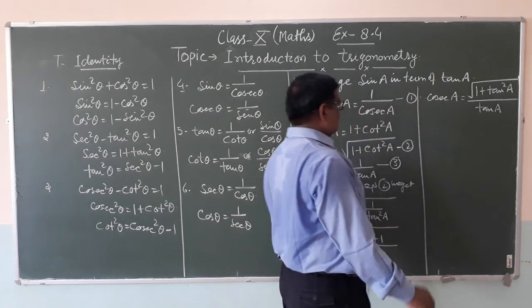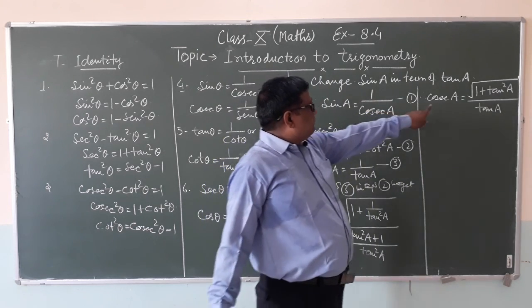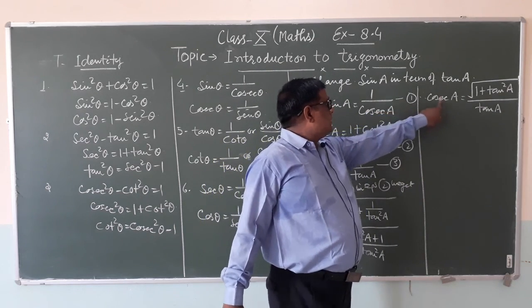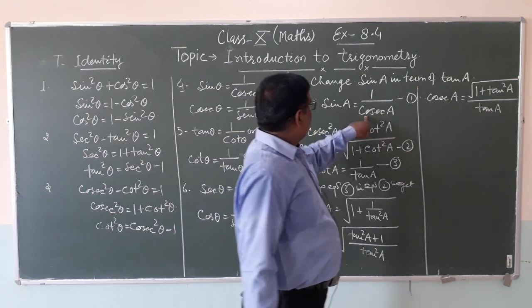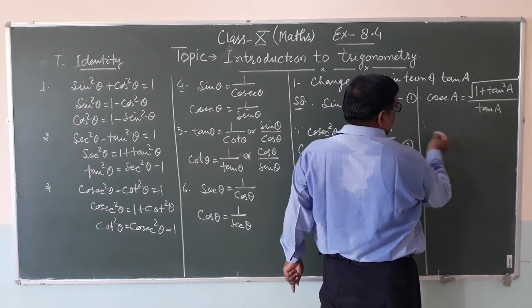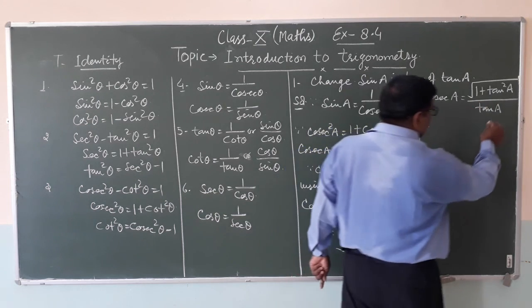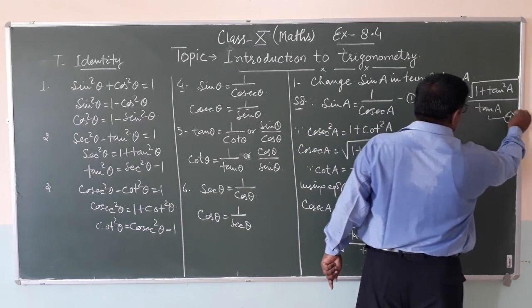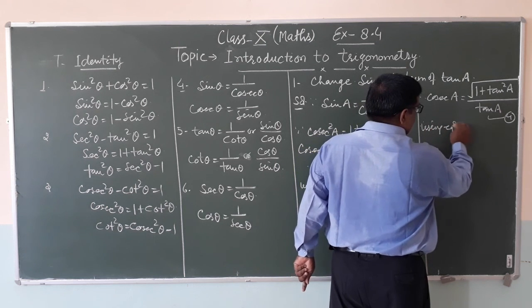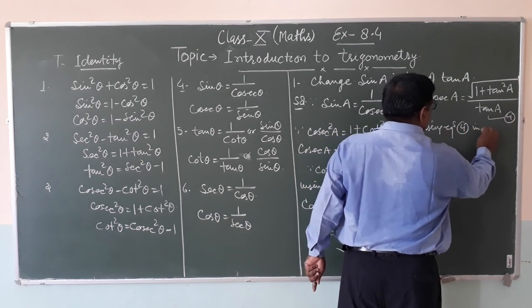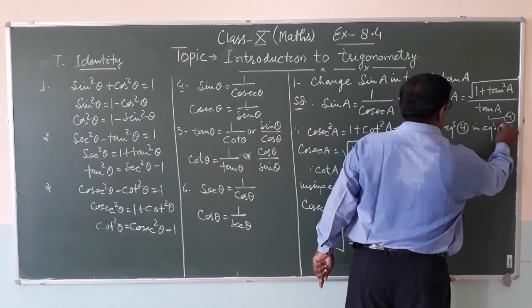Now we have to put cosec A in place in equation 1. So this is equation 4. We are using equation 4 in equation 1.